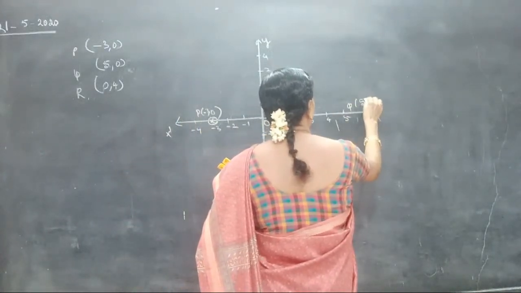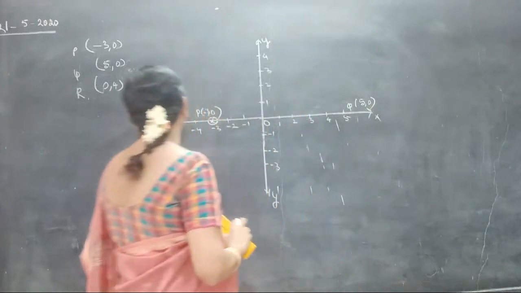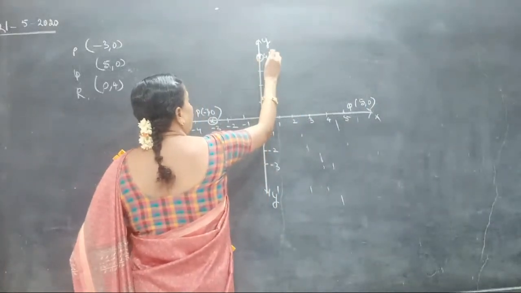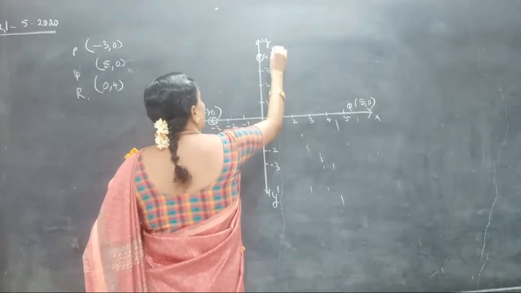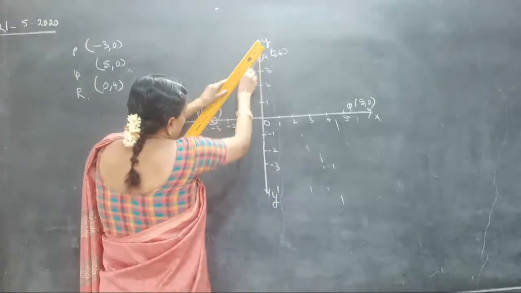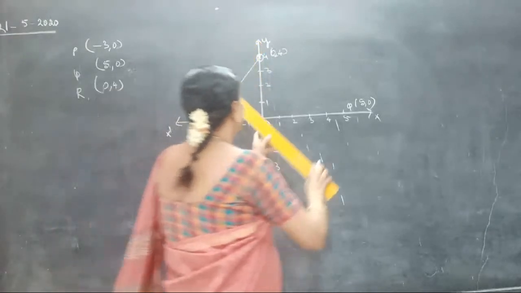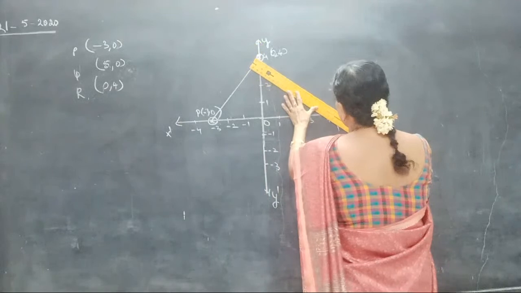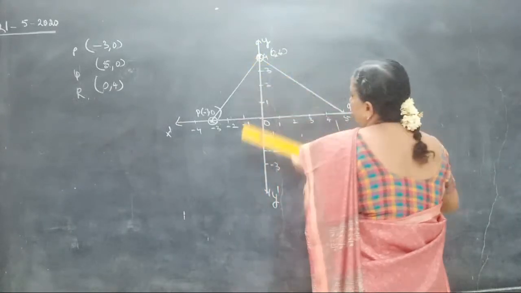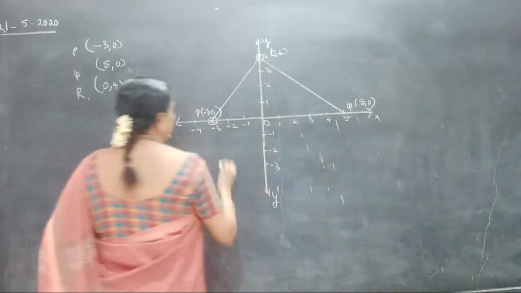Name it Q (5, 0). Then (0, 4) is along the y-axis. Now join these. The figure so formed is a triangle.